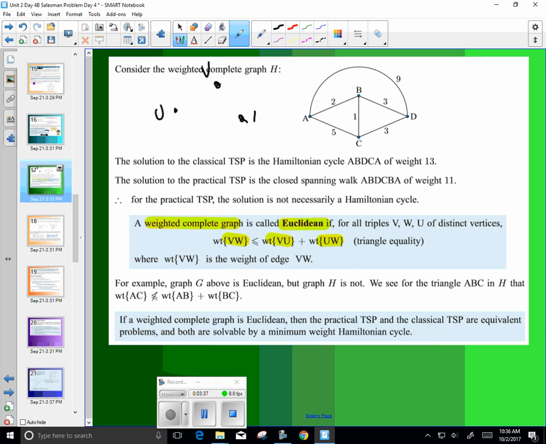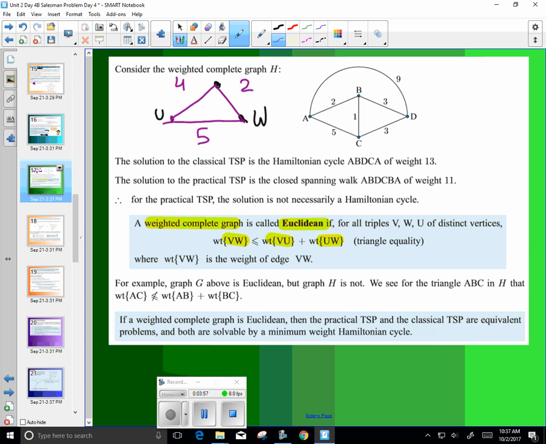U, V, W. And if this is 1, this is 2, this is 5, okay, what's the best? Well, actually, that wouldn't be the one I want. I would want to go something like this. I would go 4, 2, and 5.